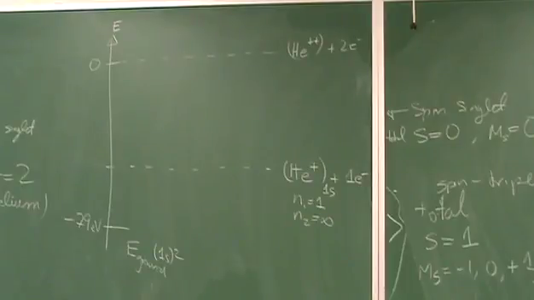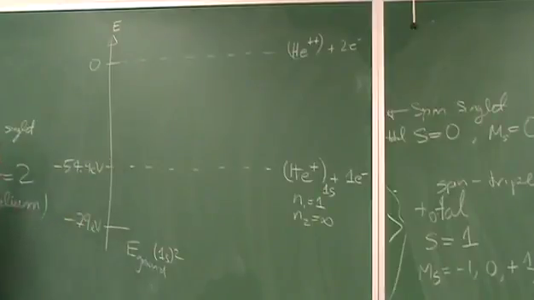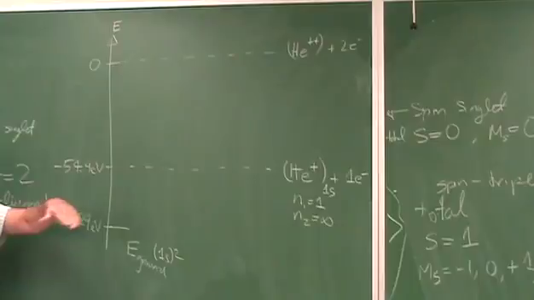So that's twice the Hartree, and the Hartree is 27.2, so that's minus 54.4. So the binding energy, what we might call the ionization level, is about 24-something eV. It's hard for me to do that subtraction in my head. That is the ionization level.